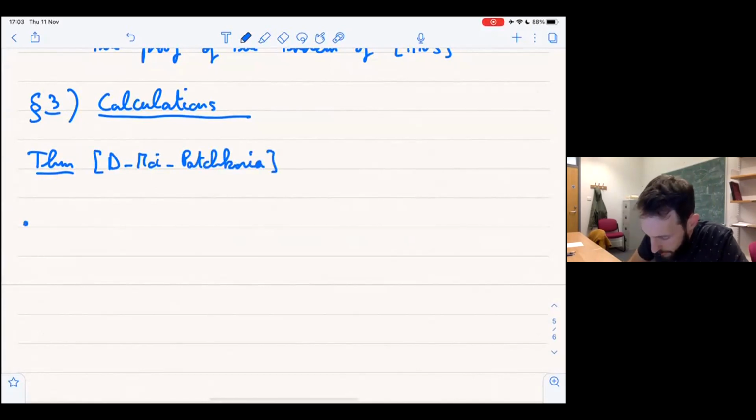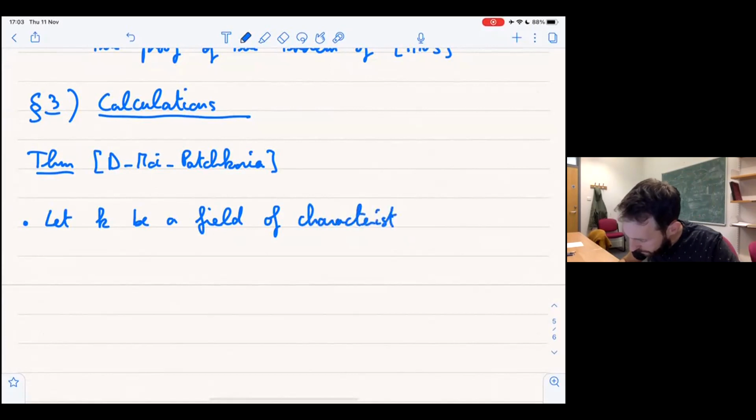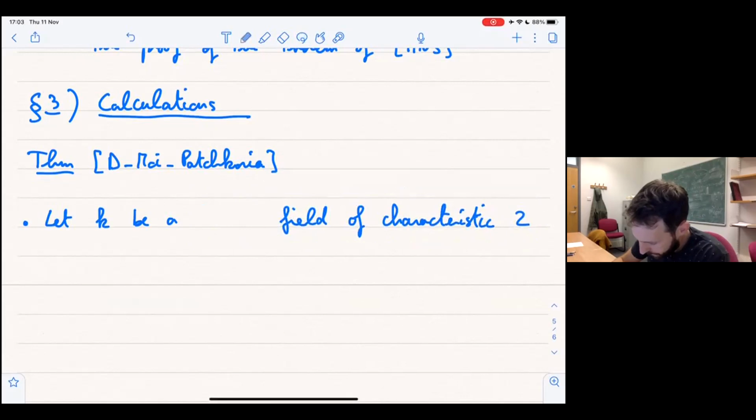So the first is, if you take a field K of characteristic 2, perfect. So perfect means that the Frobenius, the square map from K to itself, is an isomorphism.